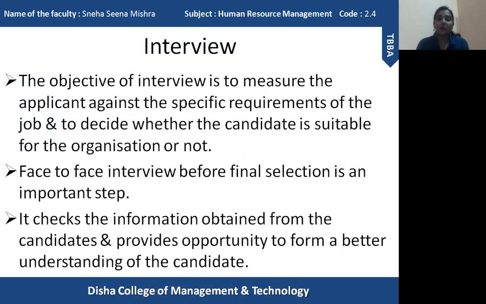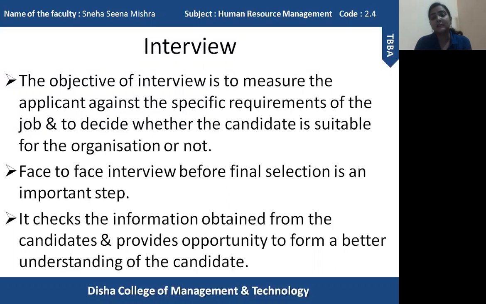So the main objective of the interview process is to measure the applicants against the specific requirement of the job, to see whether a candidate is suitable for performing a particular type of job or not. So that is the basic objective of the interview process.